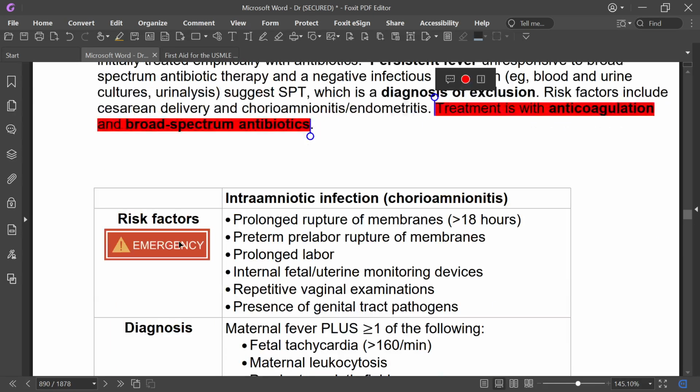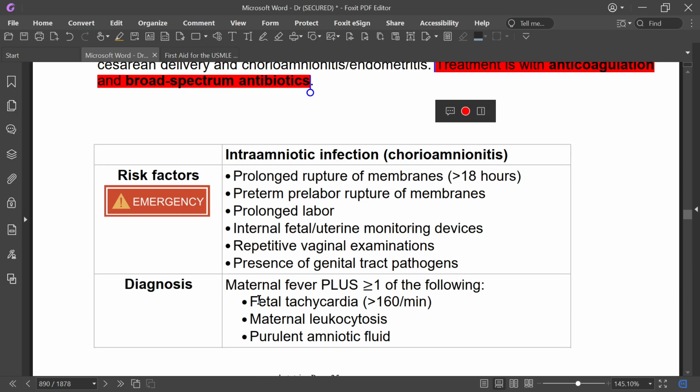The next topic is chorioamnionitis, a very important topic. Risk factors include prolonged rupture of the membrane more than 18 hours, preterm prelabor rupture of the membrane, prolonged labor, internal fetal or uterine monitoring device, repetitive vaginal examination, and presence of genital tract pathogens.